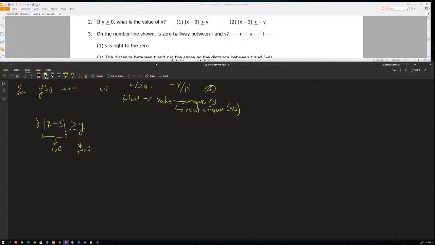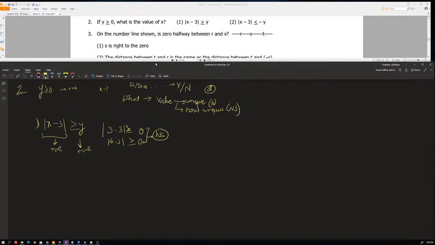Can you get a unique value of x in this? I don't think so, because suppose we take y equal to 0, then x could be 3. But since it is a greater than sign, even for y equal to 0, we can get x equal to 4, and this becomes 4 minus 3, which is greater than 0. So already we got two values, which is enough to say this is not sufficient.